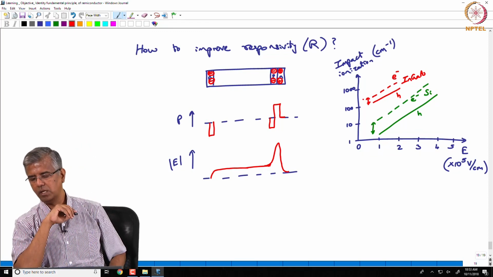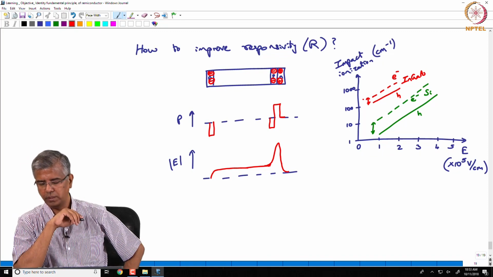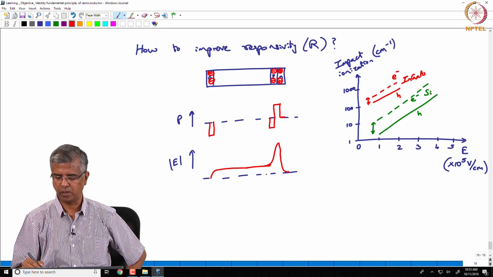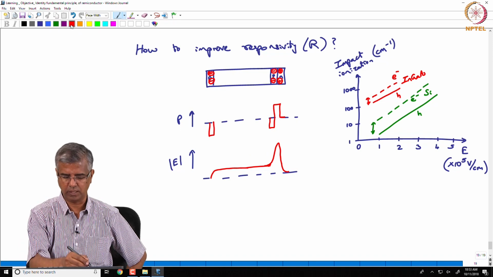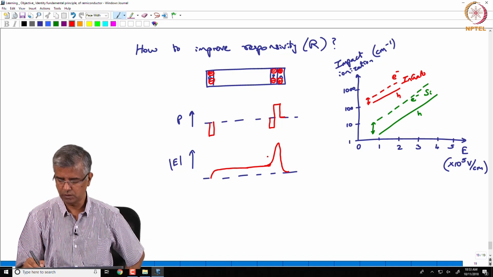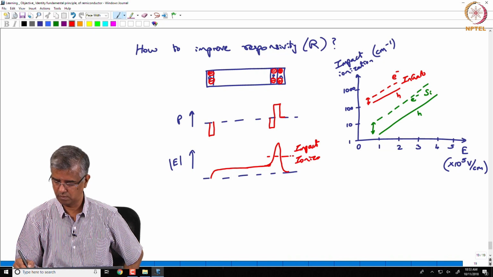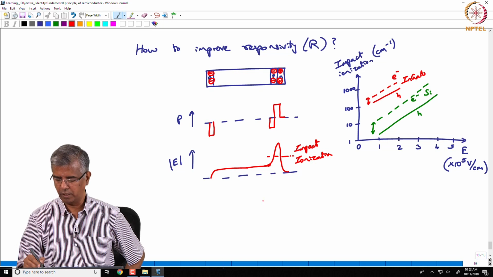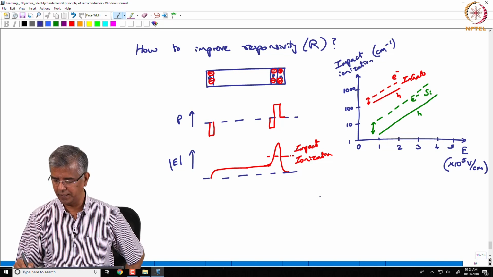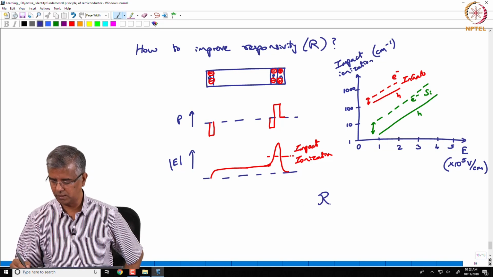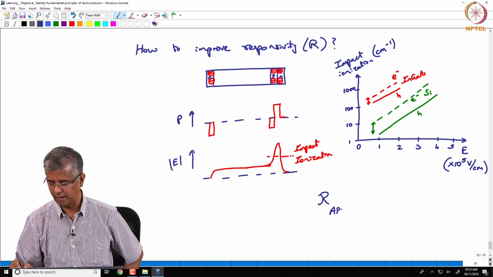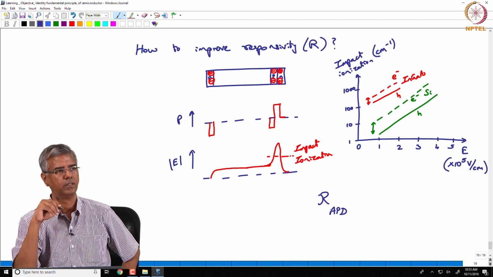But nevertheless, what we have now, because of this process of impact ionization, which happens beyond this threshold here, is your effective responsivity of this structure, which is called avalanche photodiode, right.